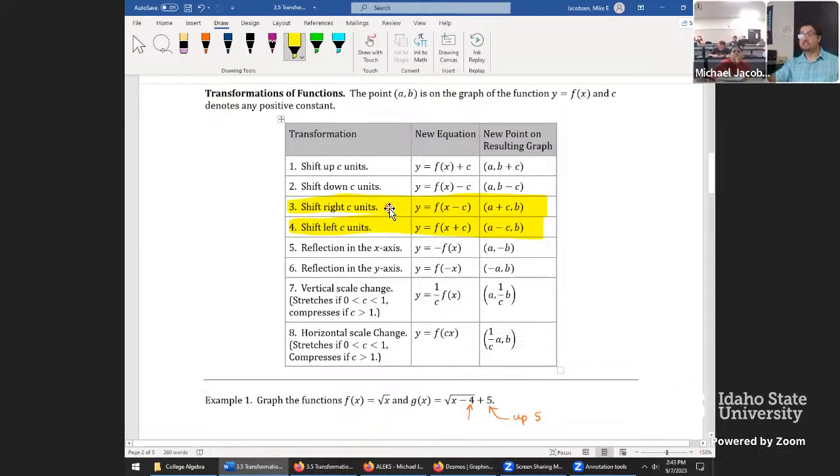So if c is a positive constant, then what's going to happen here is we're going to shift, again, it's really weird, to the right by c units, whenever we have that feature there. So because of the negative sign in the function, I always want to move it to the left, but this one goes to the right. That really deserves an explanation for sure, right? But we'll see it as we actually start to graph this thing.